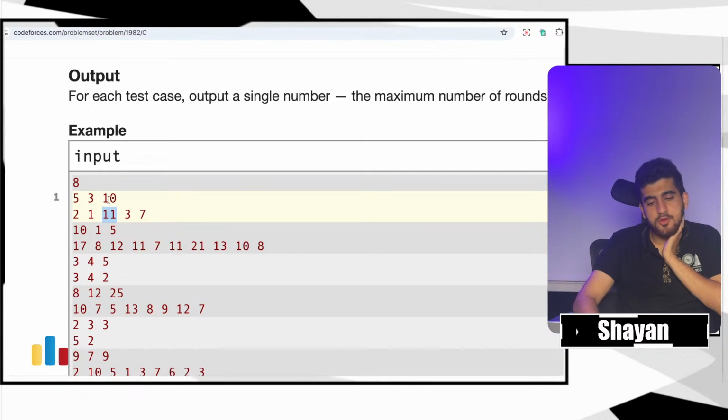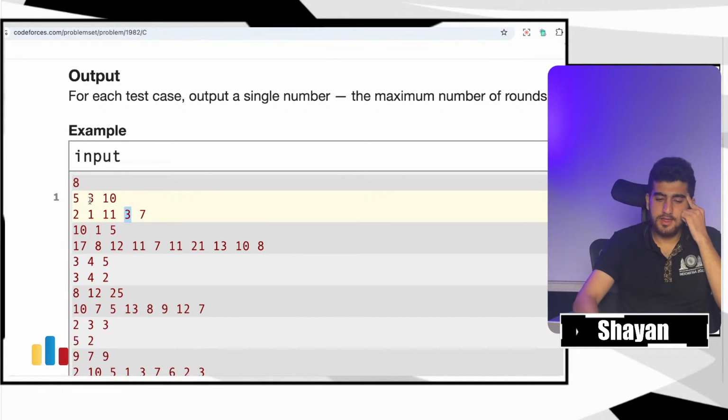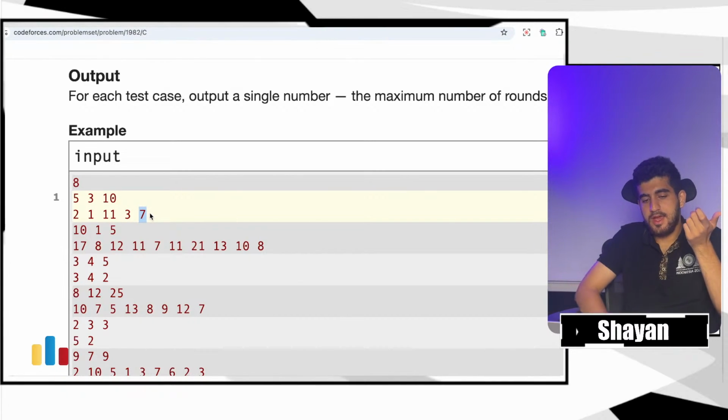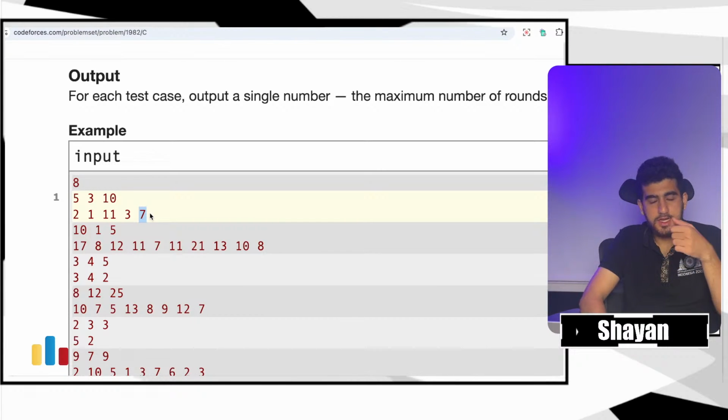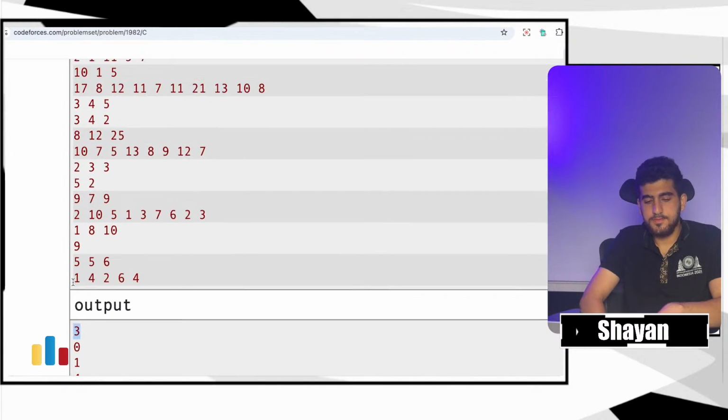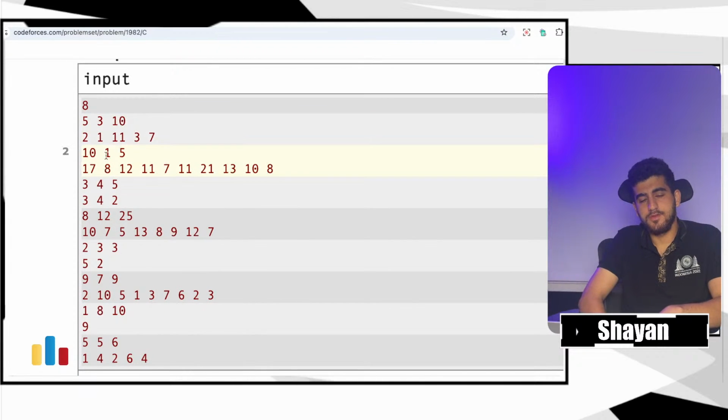It is 11, more than 10, so he will not win this round. Then he can pick this 3. The sum is 3, so he will win another round. And then in the last turn, pick this 7. It is again between 3 and 10, and he will win another round. This way, he will win 3 rounds in total if he does this.